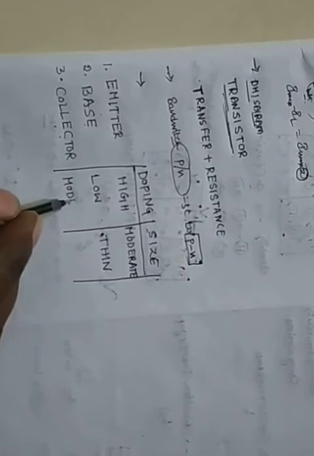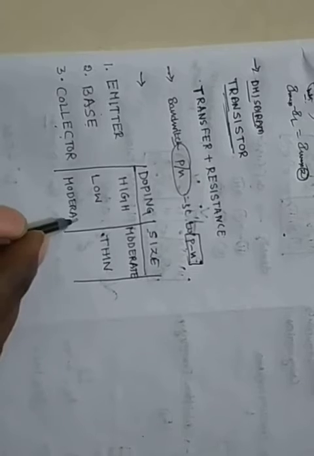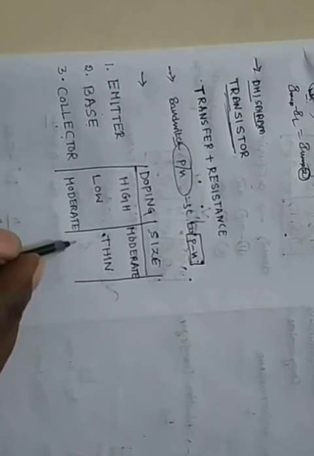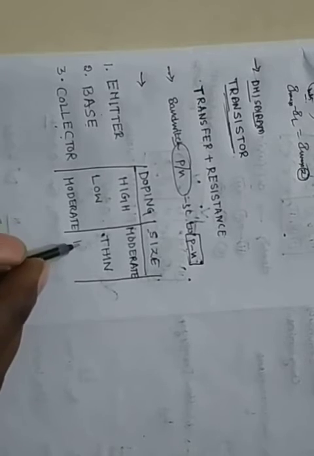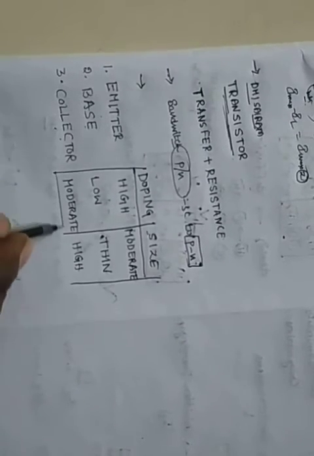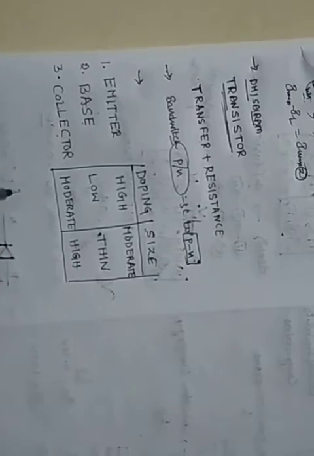For the collector, doping is moderate and the collector size is large. This is about the doping and size of the emitter, base and collector.